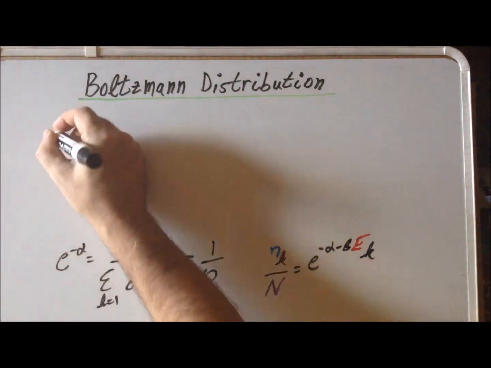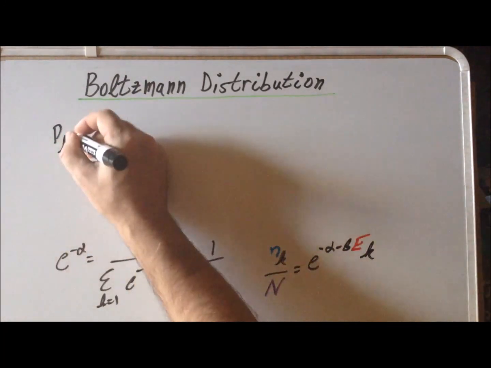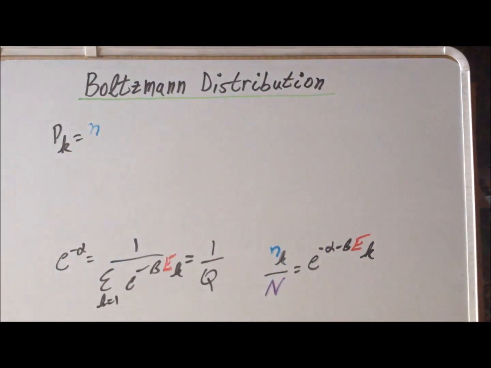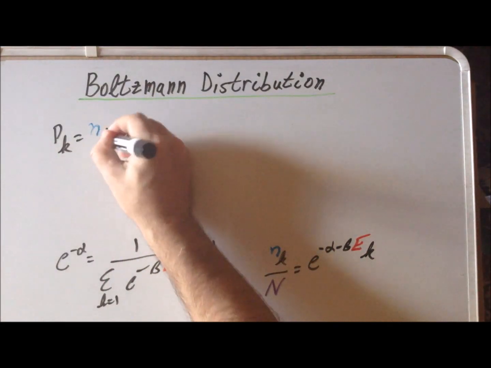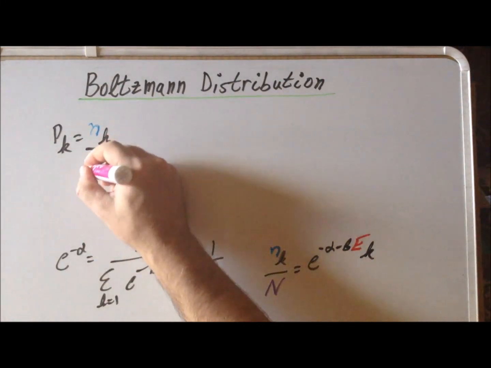So that gives us the probability that a system will be in a particular state k is equal to n sub k divided by big N here.